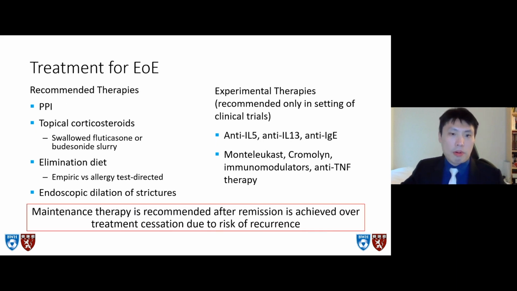The main thing, though, is that maintenance therapy is recommended even after treating these patients and you achieve remission, because there's a high risk of recurrence of disease if you discontinue therapy. So whether you choose PPI, topical steroids, or elimination diet, that's something that patients should continue on as maintenance.